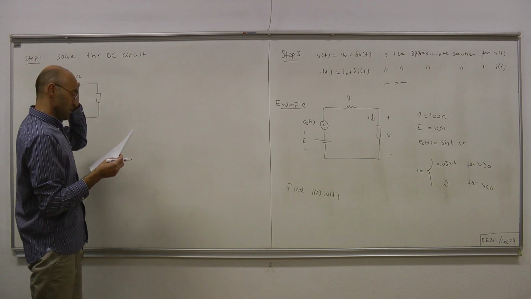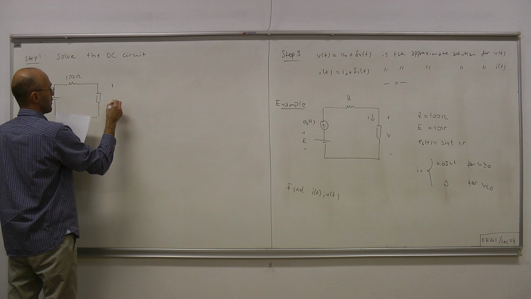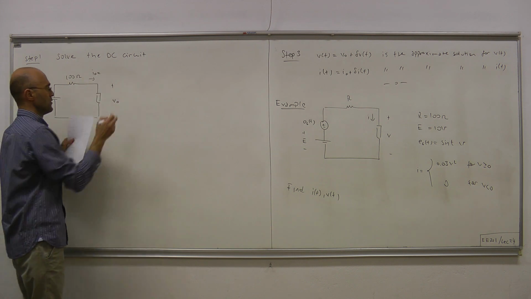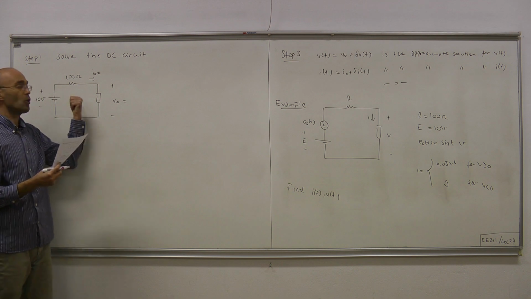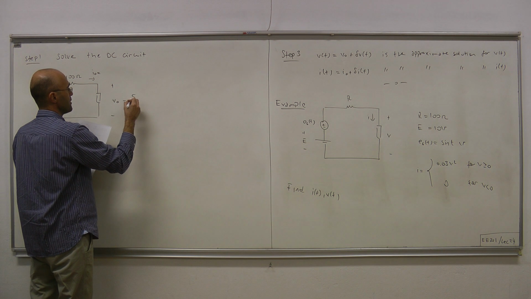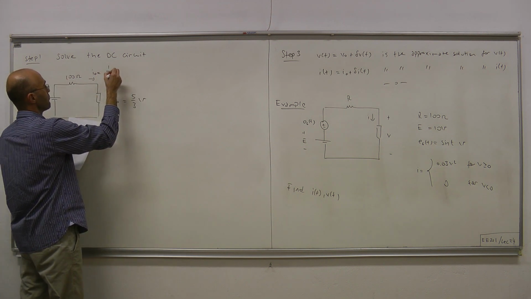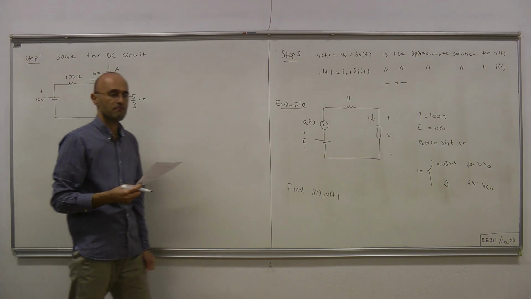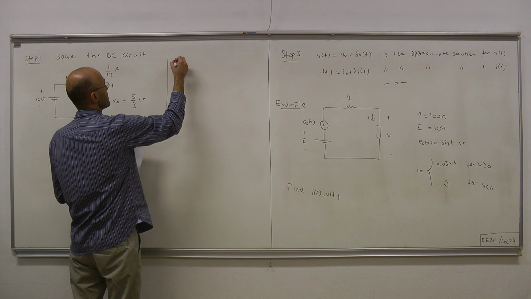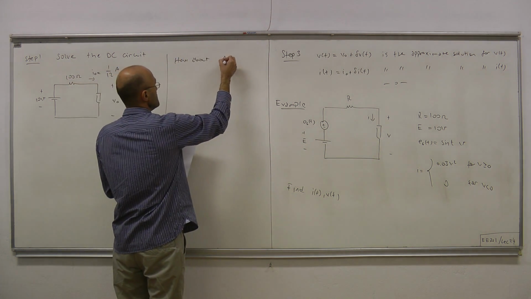This is our 100 ohms, and this is V0, and this is I0. We already solved this problem in our previous lecture, and the answer was 5/3 volts for V0 and 1/12 amps for I0. Now, how about the AC circuit?